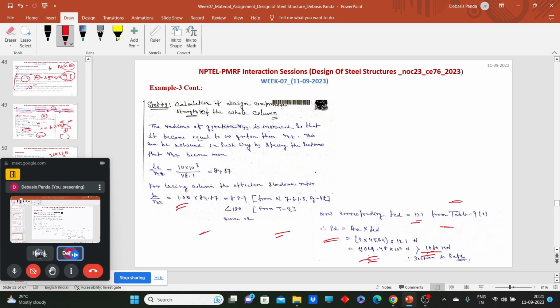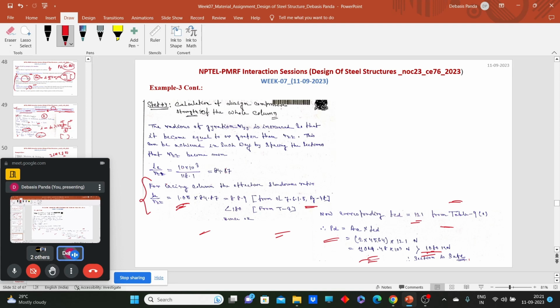The slenderness ratio for this lacing column should be increased by 5%, and for the batten column that will also change. For now, I am just trying to convey the steps. So here for lacing we need to increase the lambda value by 5%. This is written in your clause there.